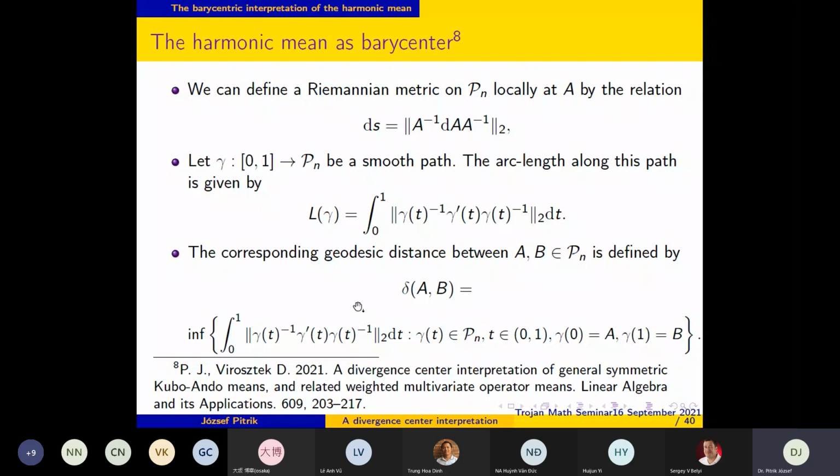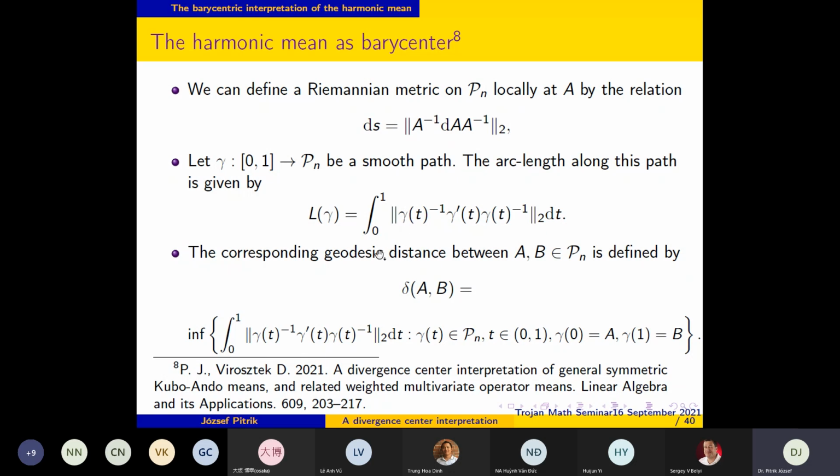Similarly to the geometric case, we can define a Riemannian metric on positive operators by this formula, locally at A. This gives the infinitesimal arc length at A. And if we have a smooth path on positive definite matrices, the arc length of this path can be computed with this formula.